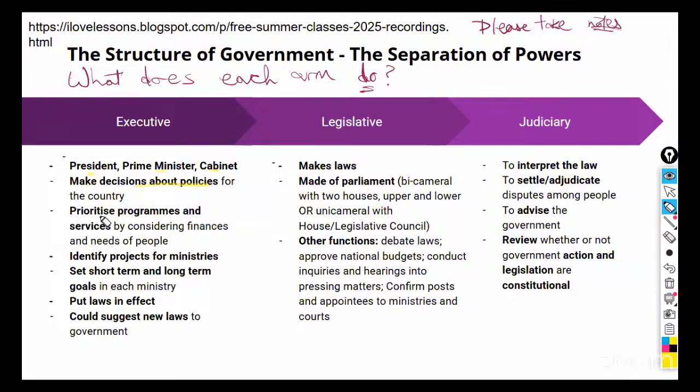They say which programs and which services the government is going to invest more funds in. They think about how much revenue the government is projected to bring in and how they should allocate those funds to people in need, right?